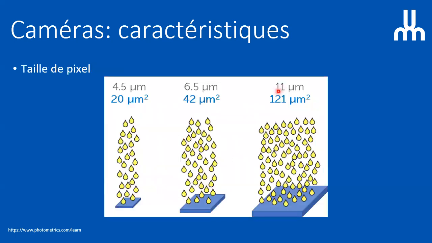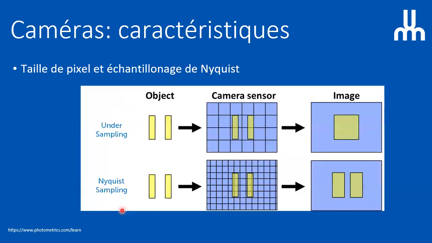Another important parameter is the size of the pixel. This influences both the resolution and the sensitivity. A pixel, we can really think of as a bucket, and photons are running into this bucket. So if you have a big bucket, you get a lot of photons, and your pixel is going to be very sensitive. If you have a small one, it's less sensitive. But the size of the pixel is also important for the resolution.